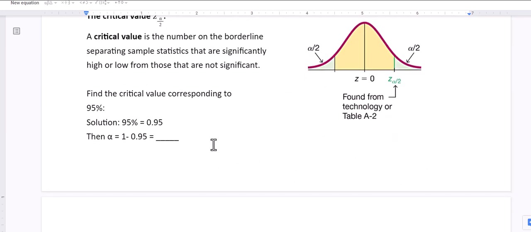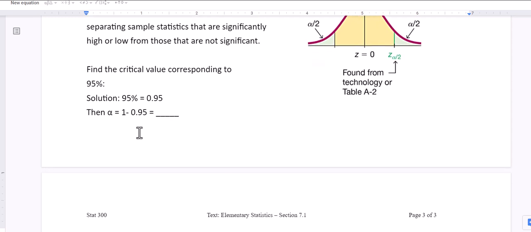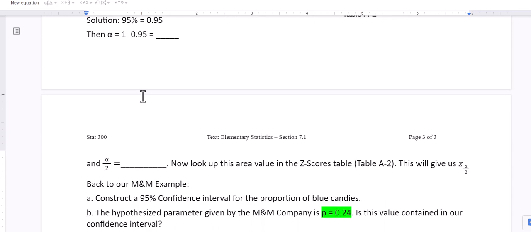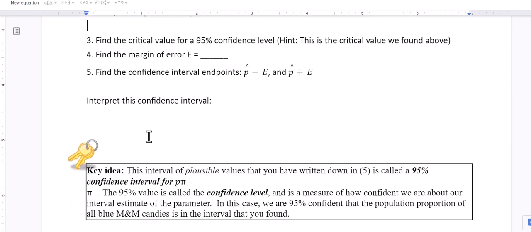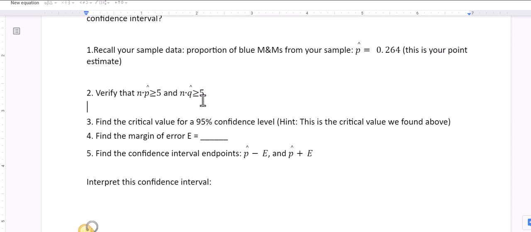And so this, we did it for 95% confidence. So if I change the confidence level, if I did 90%, everything will stay the same in terms of how you do it: you find your p hat, your number of successes has to be more than 5, your number of failures has to be more than 5.